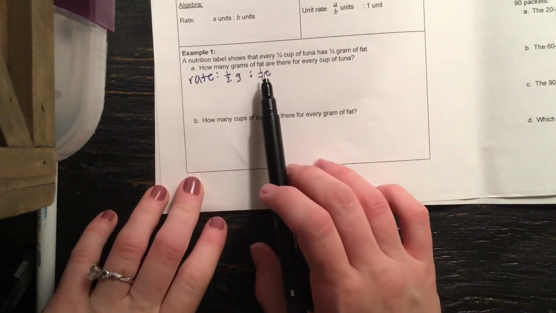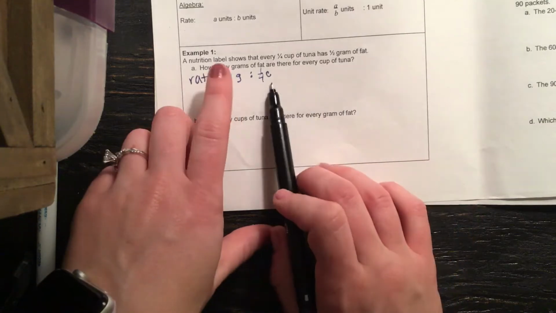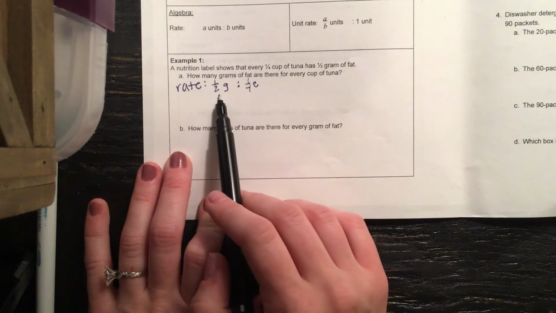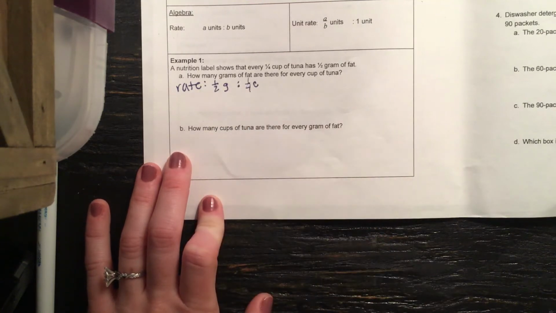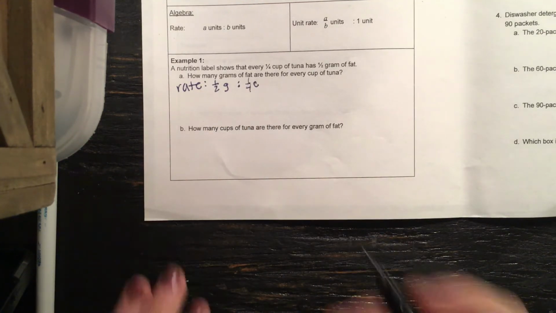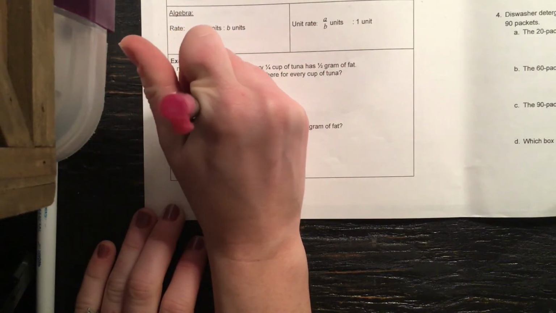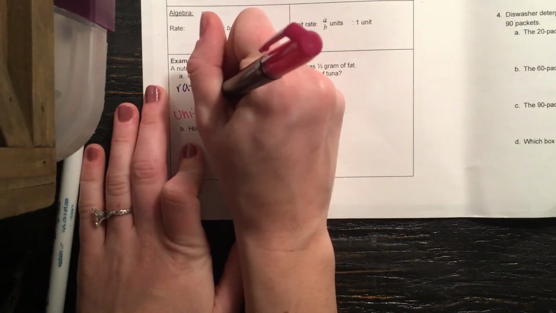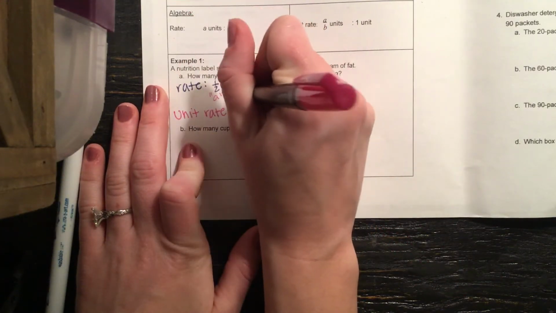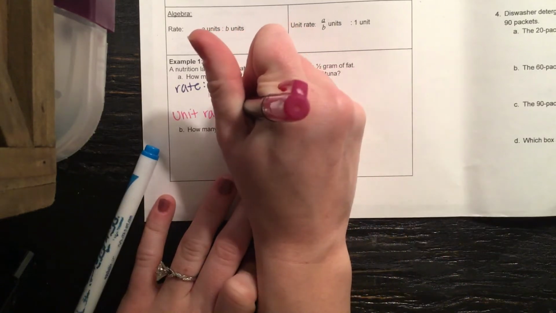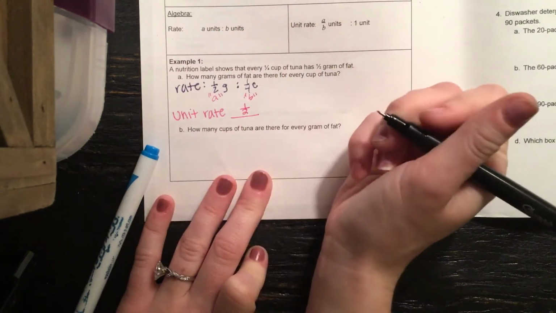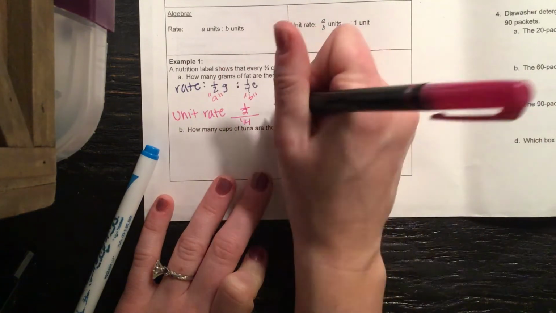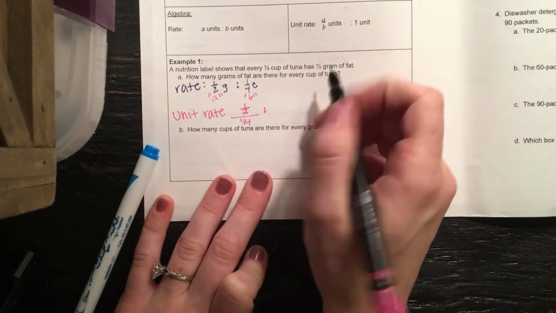Remember that it asks for fat first and tuna second, so that's what order we put them in. So here's my rate, A units to B units. My unit rate is my A unit, so 1/2 over my B units, 1/4, to my 1 cup of tuna.